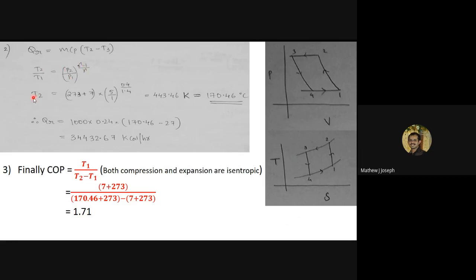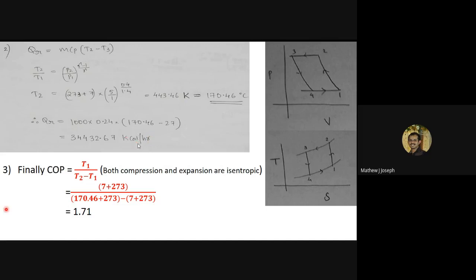So substituting all the known values, T2 will finally become equal to 443.46 Kelvin, or 170.46 degree Celsius. Here also don't forget to take the SI units for the values. Then the heat rejected will be 1000 times 0.24 times 170.46 minus 27. The final value will be in kilocalories per hour.